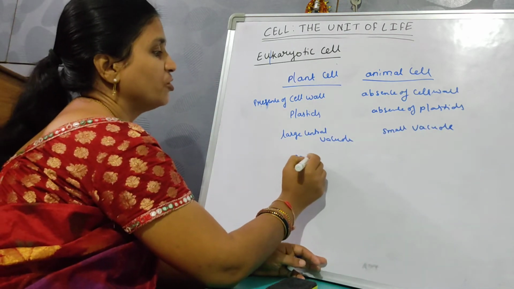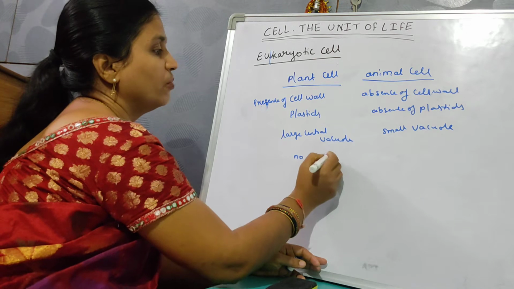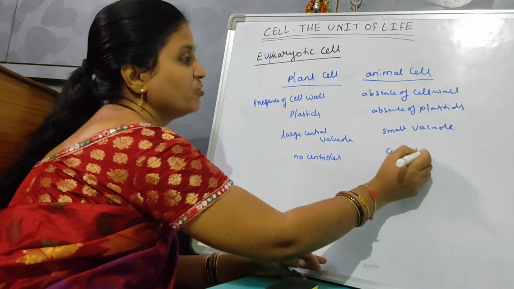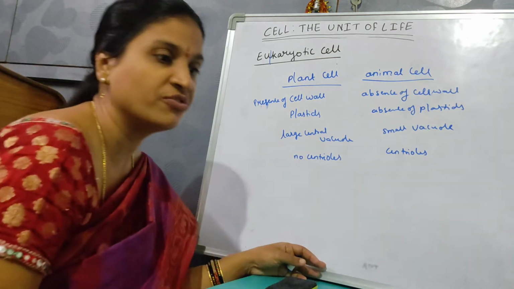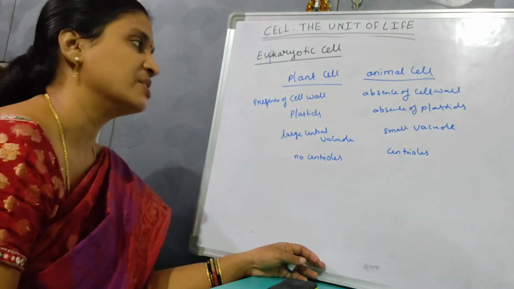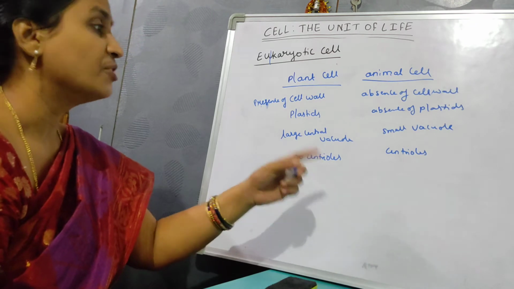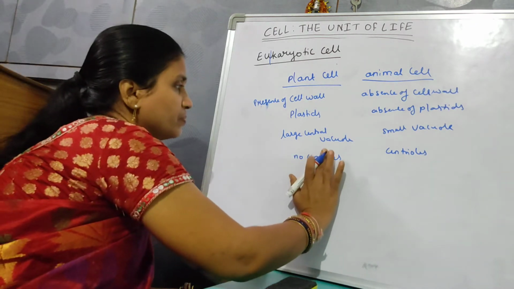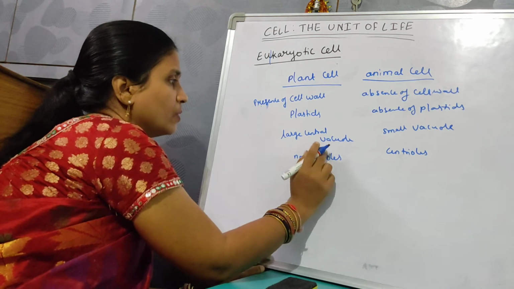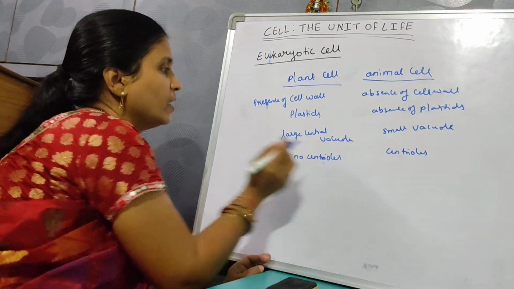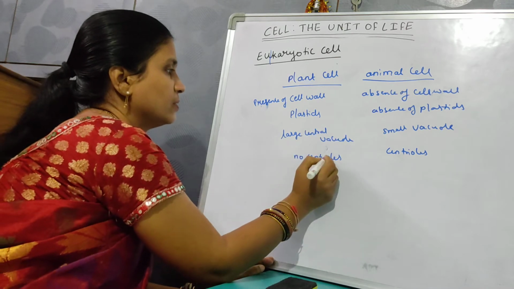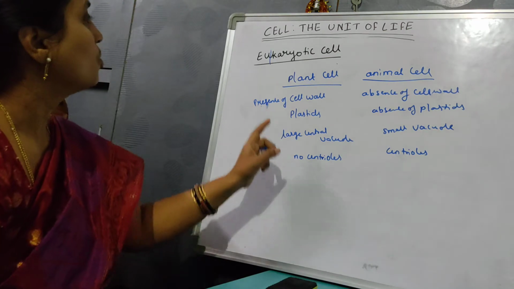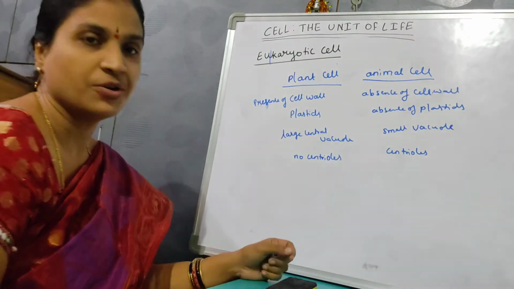And here no centrioles are present, whereas in animal cells, the centrioles are present, which are useful for cell division, production of spindle fibers and all those things. So in plant cell no centrioles, in animal cell centrioles are present.